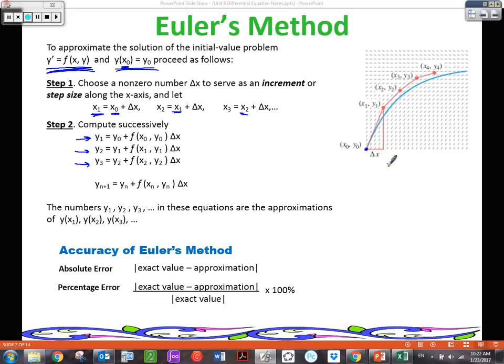And we use this formula to calculate the next x1, y1. So this would be the next location. Then we use x1, y1 to calculate x2, y2. Basically what we're doing is using the previous point to calculate the next point. That's how this process works. The previous point to calculate the next point. And we could just keep going on.